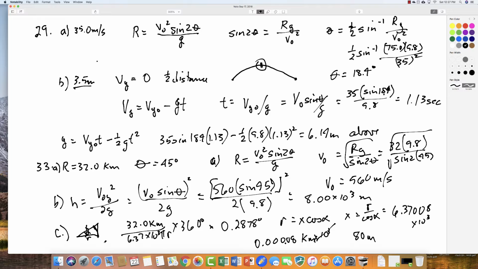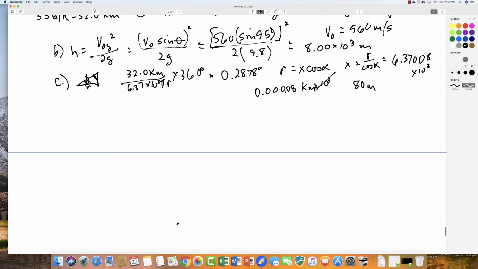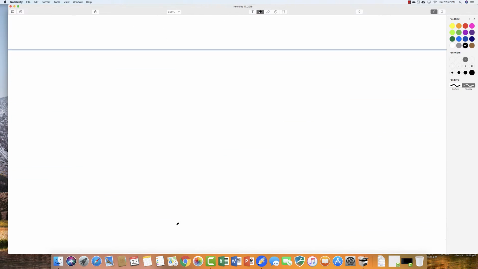The next problem we're going to do is number 38. Remember number 38, because another problem we're going to end up doing comes back to number 38. Number 38 talks about a quarterback who is running backwards at a speed of 2 meters per second when he releases the ball.